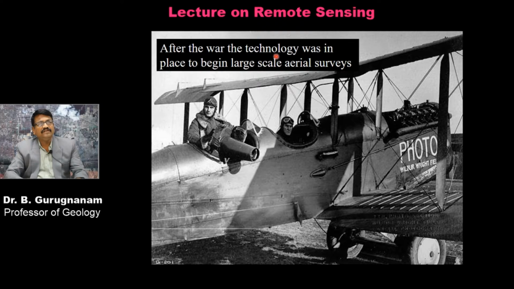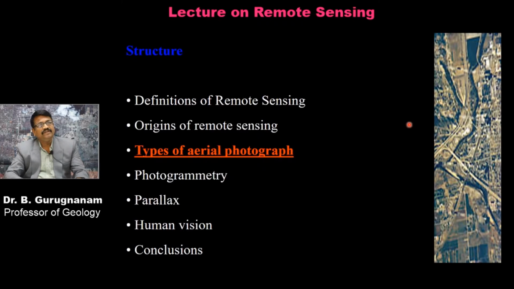After the war, the technology was in place to begin large scale aerial surveys. You see, they kept a separate flight for photography for scientific studies over the terrain. They started utilizing this technology. So that is a look at the origin of remote sensing.